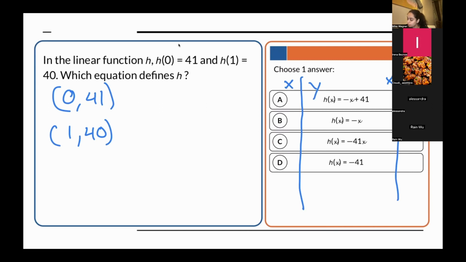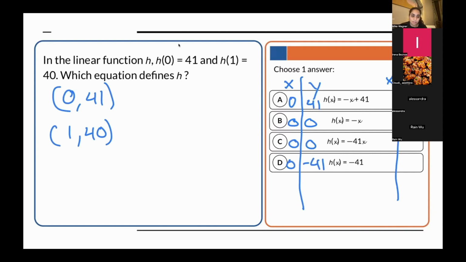So in the first one, when we punch in 0, negative 0 plus 41 is 41. And if we go to the second one, if we punch in 0, we get out 0. In the third option, or answer choice C, if we punch in 0, we also get 0. And in D, when we put in 0, we get negative 41, which is also wrong.